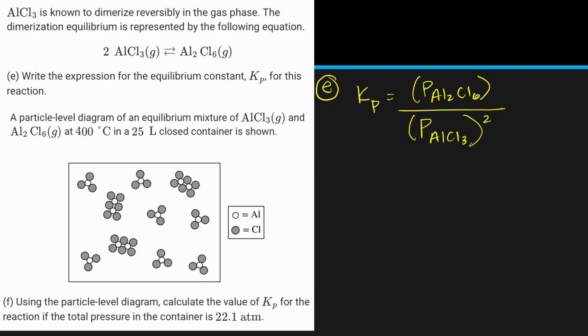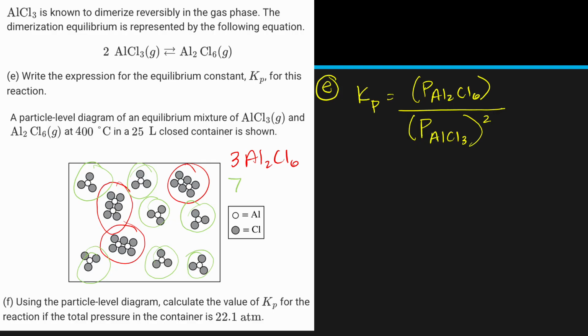Now part F says to use the particle level diagram to calculate the value of Kp, and then I'm going to use the total pressure to get my partial pressures of each. So looking at this specific particle diagram, I can see that I have 1, 2, 3 of my products, which is Al2Cl6, and then I have 7 of my reactant AlCl3.